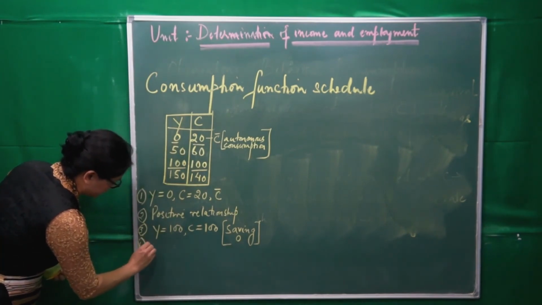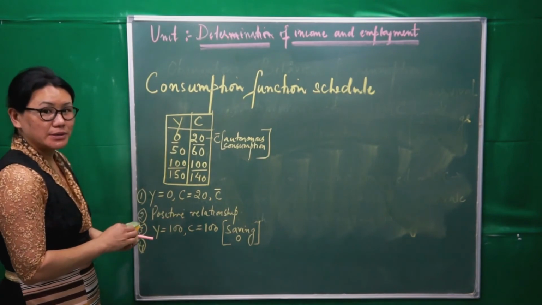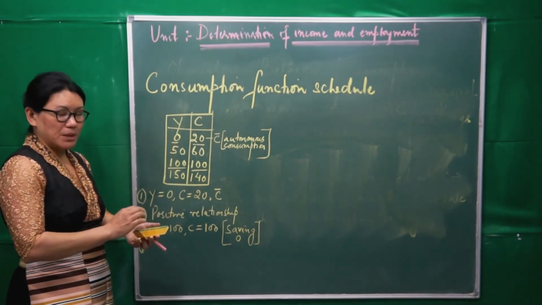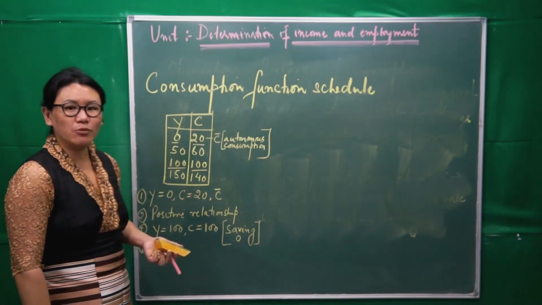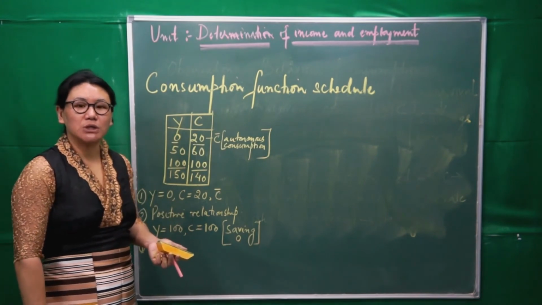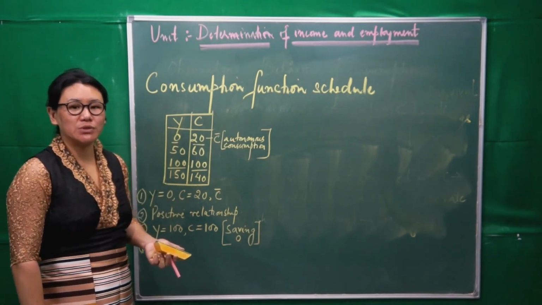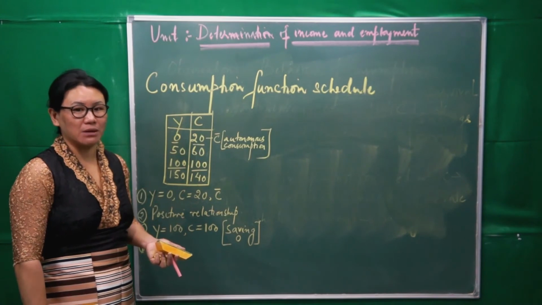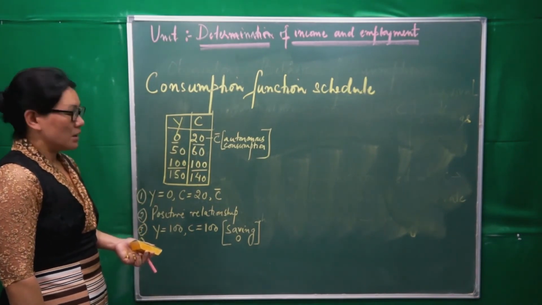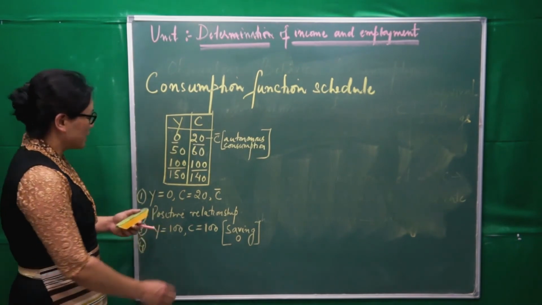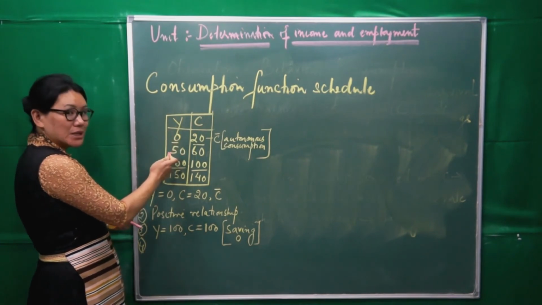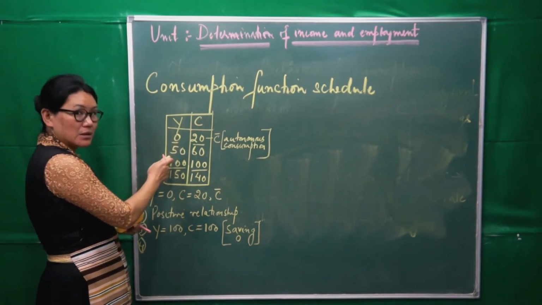So there will be no saving. Fourth one. Now I said, when income increases, people will not convert the entire increase in income into consumption. They will go for saving. Now see here. Initial stages. What is happening to the income? Income is increasing.